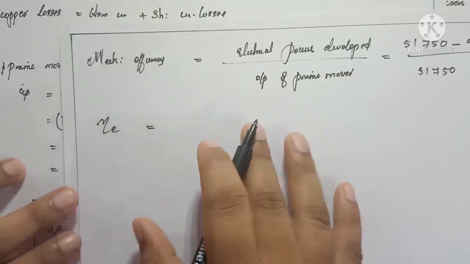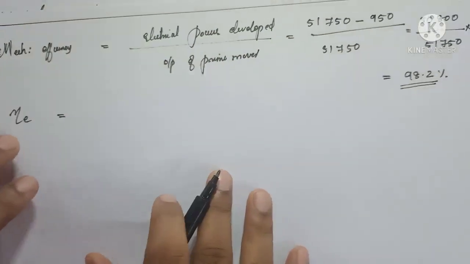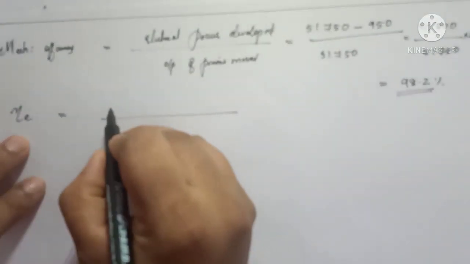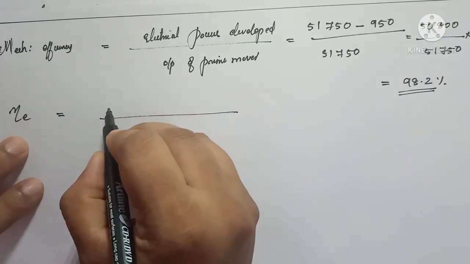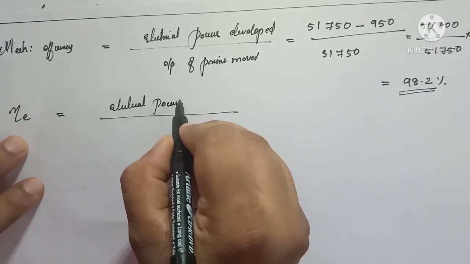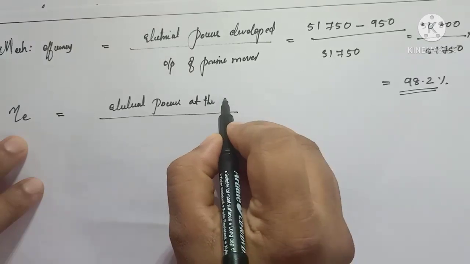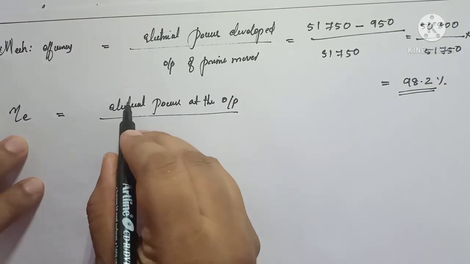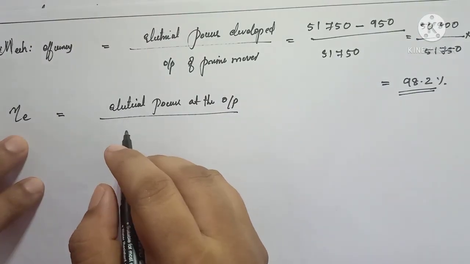And based on this, we can calculate the electrical efficiency. So electrical efficiency is the ratio of electrical power at the output divided by electrical power generated.